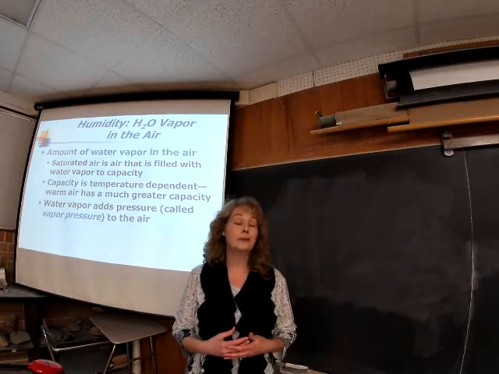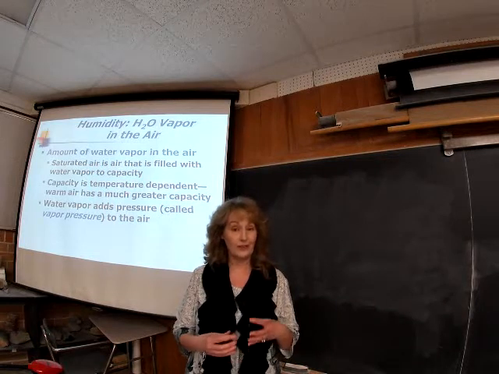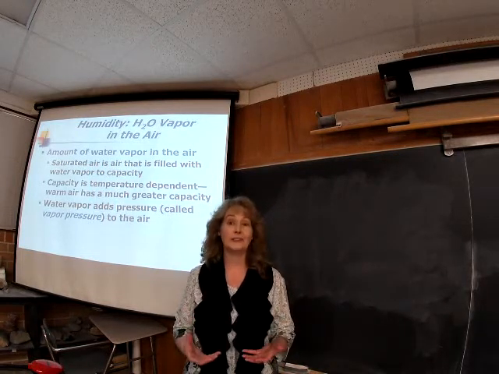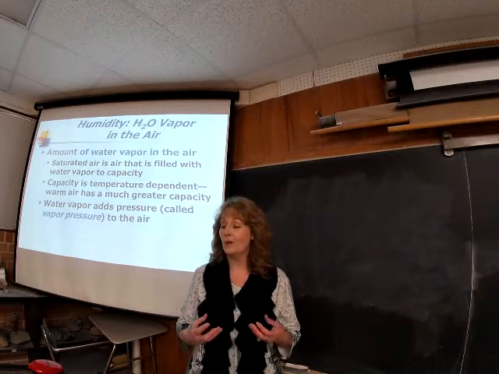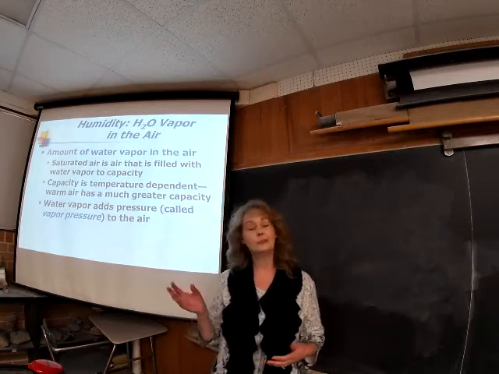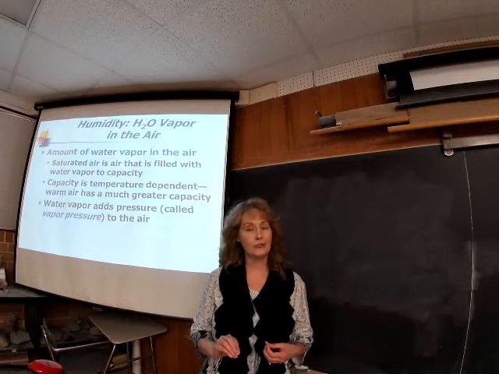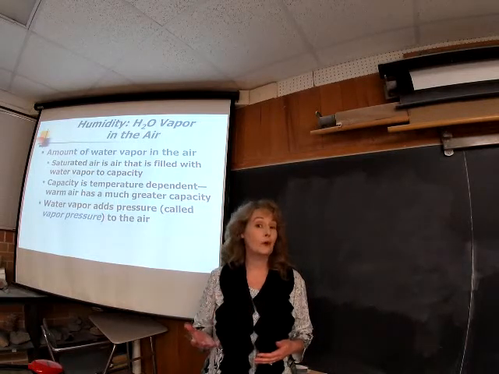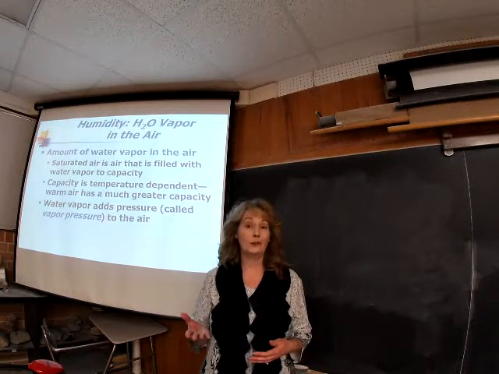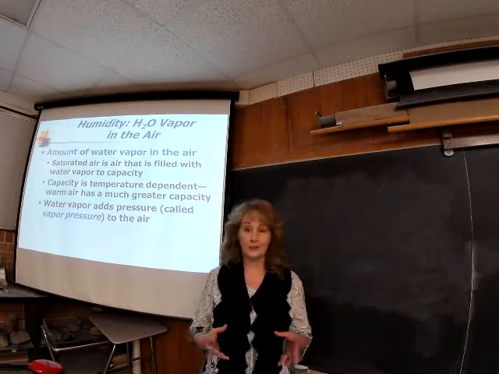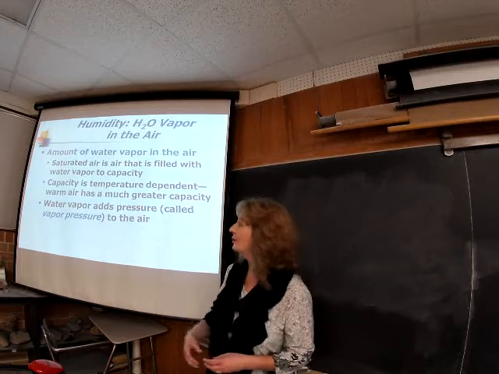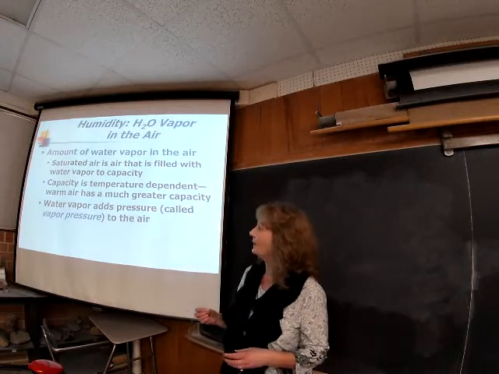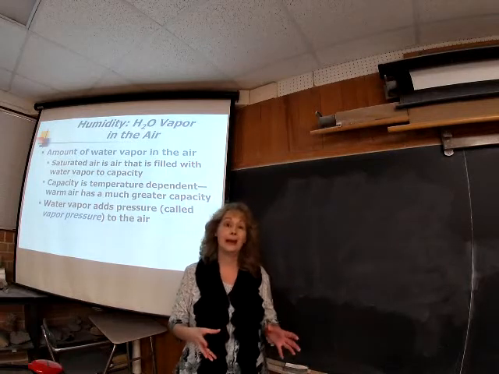It's the amount of water vapor, in the vaporous, gaseous state, in the atmosphere, and this was a variable amount. If you remember our talk last time, it can be up to 4% of the volume of the atmosphere, but that's going to vary. So saturated air is air that is filled with water vapor to its capacity.